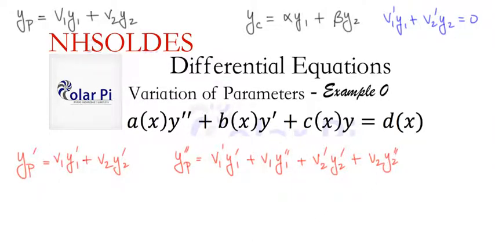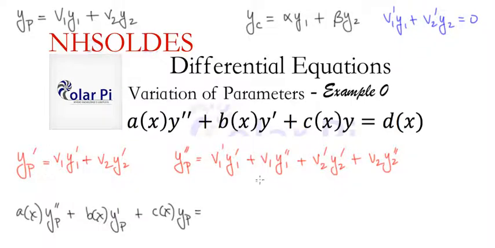Now look here, we're going to write a of x times yp double prime, so yp double prime, plus b of x times yp prime, so yp prime, and then plus c of x times yp, and we're going to say that since the particular solution solves this non-homogeneous equation, it equals d of x.